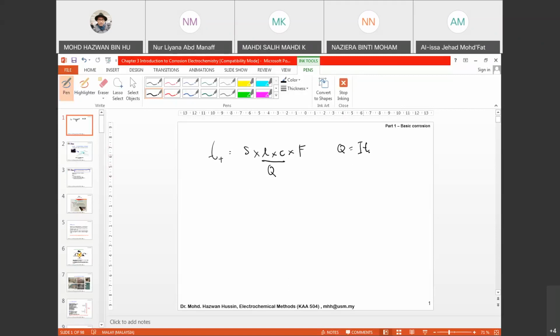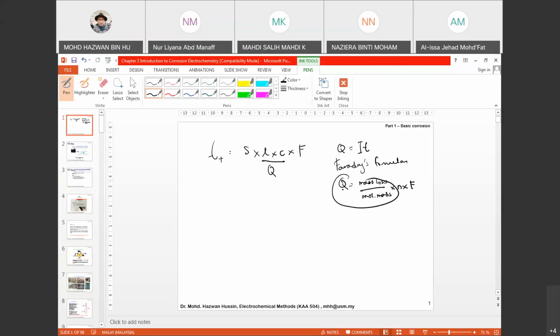we expand this using Faraday's formula, Faraday's formula actually relates charge and current. So we can expand this, making Q equal to mass loss over molecular mass multiplied with valency multiplied with Faraday's constant.